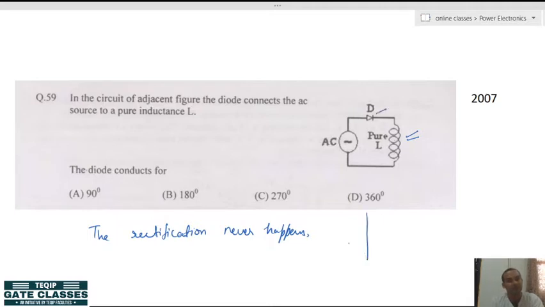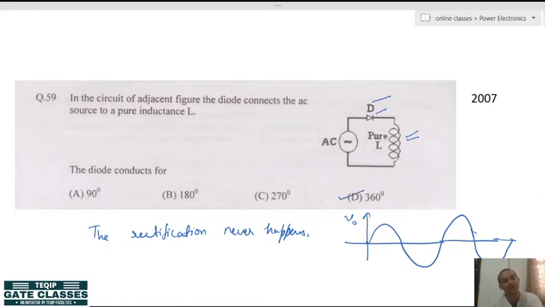So, the output was like this, if you remember. When the output is like this, it means the diode D is always on, so it will be conducting for the full 360-degree duration.